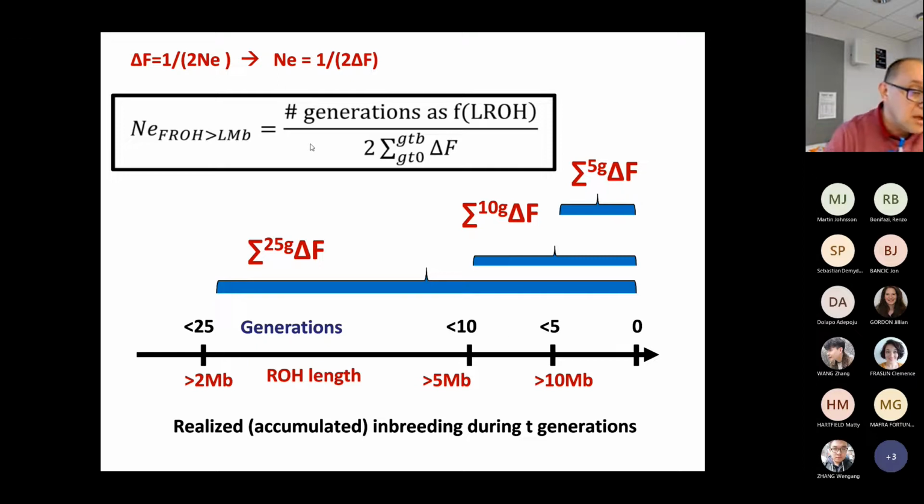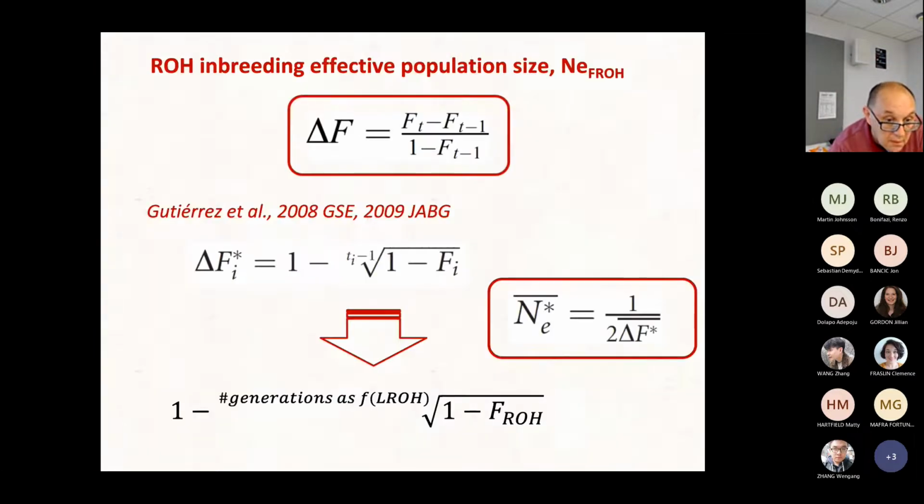And if we do it in a very simple way, saying this is the realized genomic inbreeding divided by the number of generations we are looking at, then we get delta F over a certain period. So this is the classical formula, the first one, that is in all books.